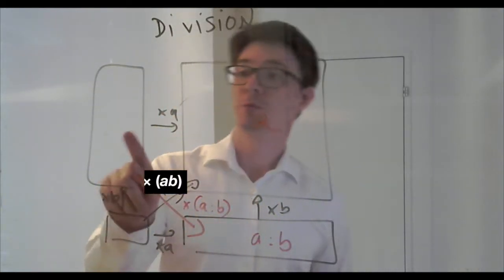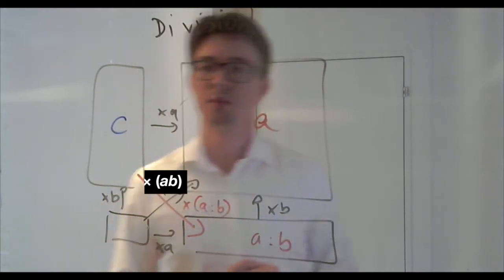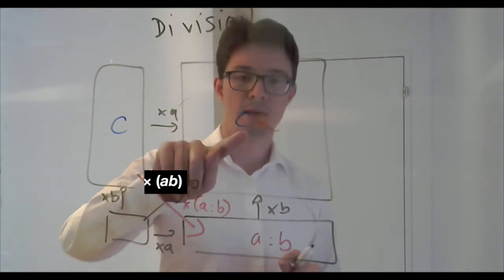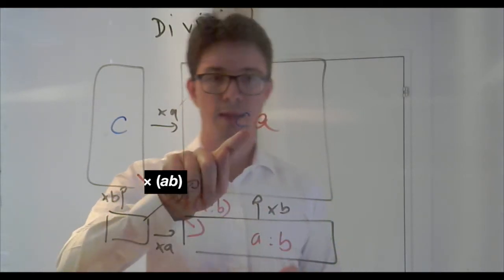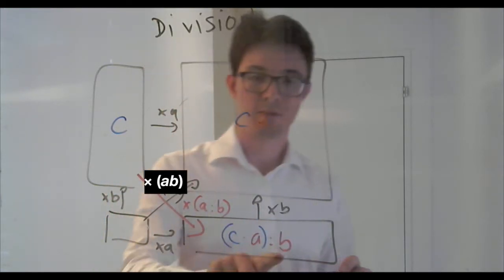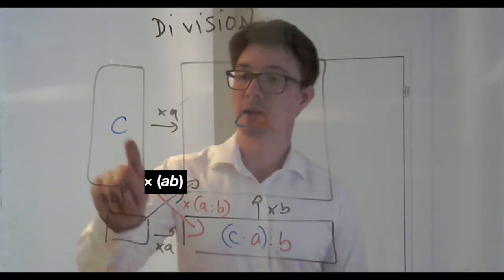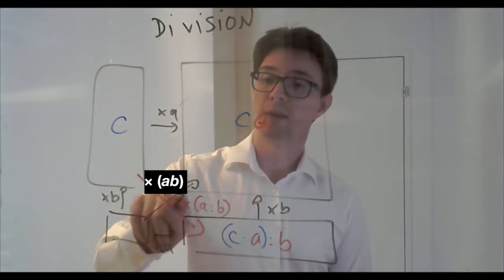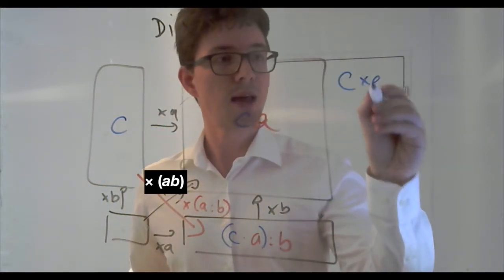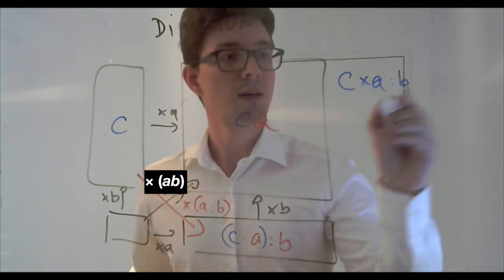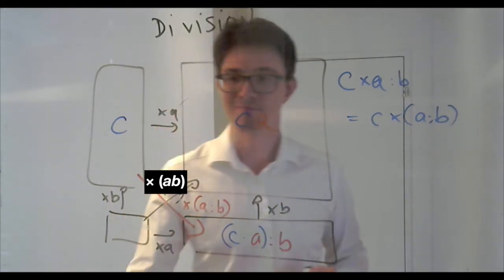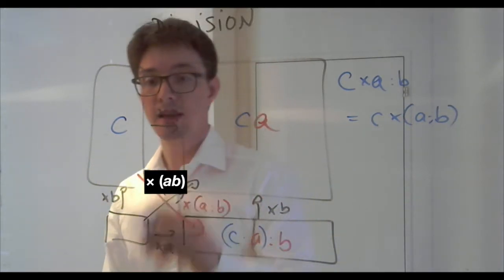Now, what happens if we don't put 1 in here, but some other variable C? This becomes C times A, and then we undo the multiplication by B, which is C times A, everything divided by B. But we've also learned that this is C times the quotient A divided by B. So we have the law that C times A divided by B is the same as C times A, divided by B. But we've also seen that we can go a third way.